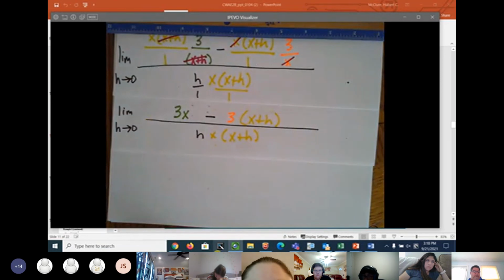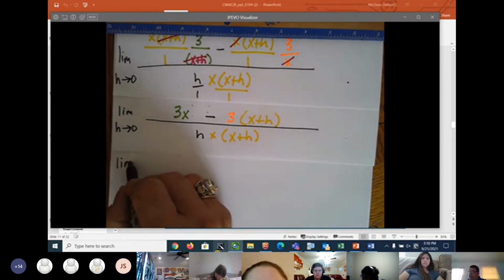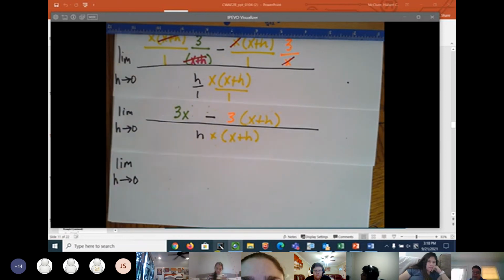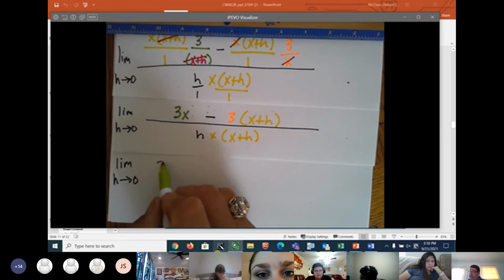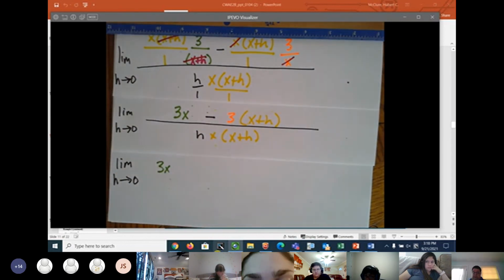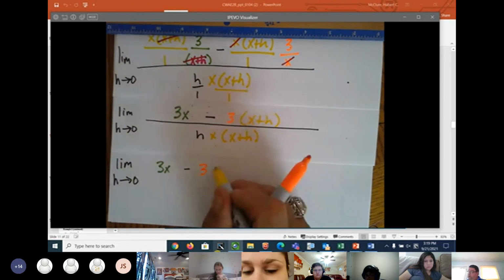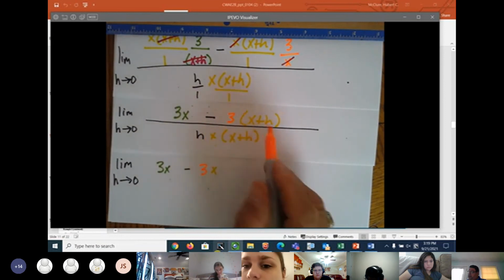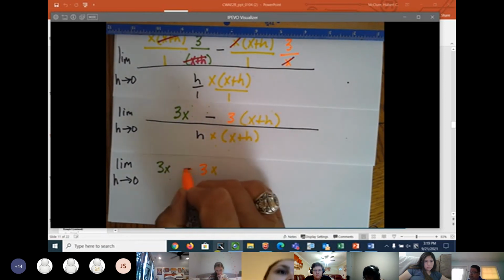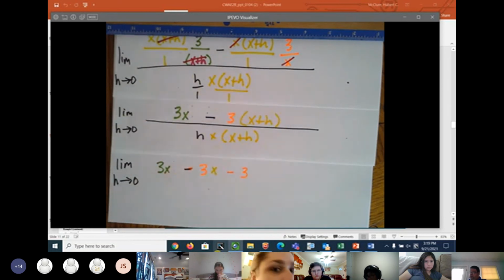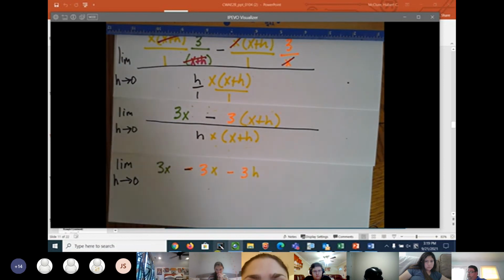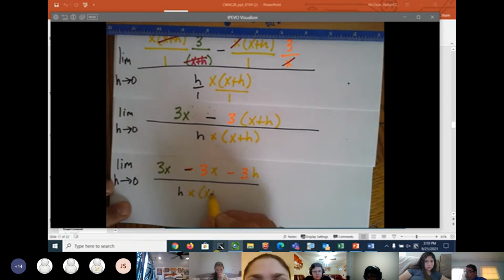All right, so that's going to be the limit as h approaches 0 of 3x, and that minus 3x is going to be minus 3x, and that negative times that is going to be negative h over h times x plus h.